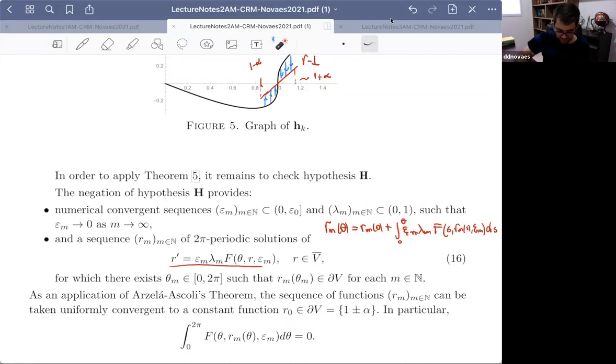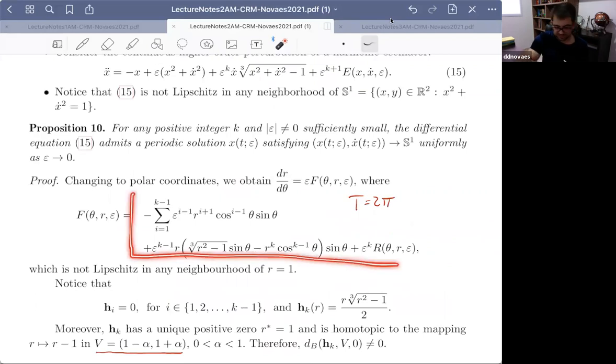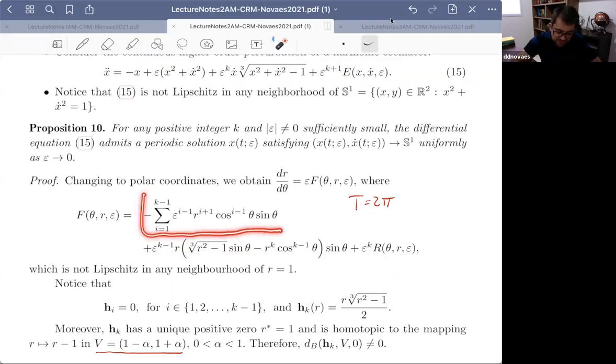So now what we do is to substitute the expression of f in this integral. We recall that this is the expression of f. Careful here, because we know that if we integrate this term between 0 and 2 pi, this goes to 0.